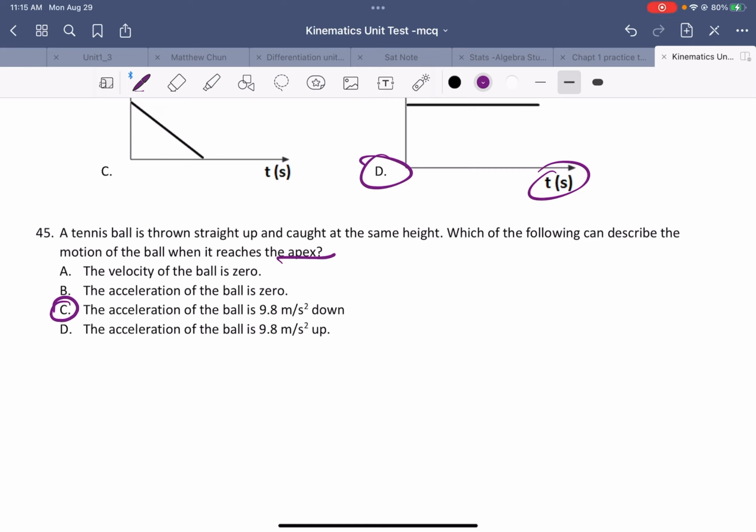There's no horizontal component because you throw straight up, so that means velocity is 0. There's no vertical component or horizontal component, so those are both answers. Okay, that's it for this video.